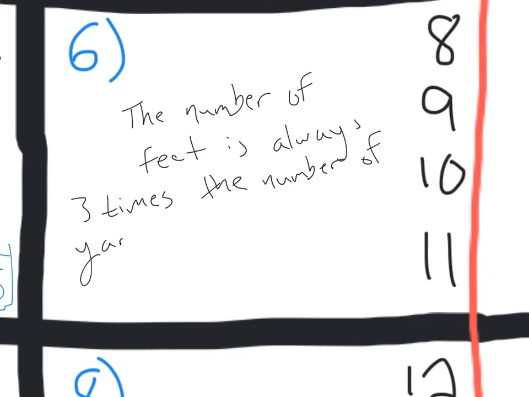And that comes from the fact that there are 3 feet in 1 yard. Okay, so that would be good enough for A, describe the relationship between the feet and the number of yards.